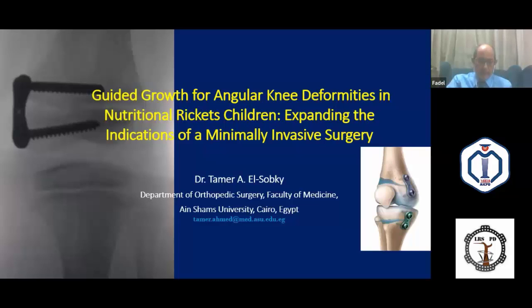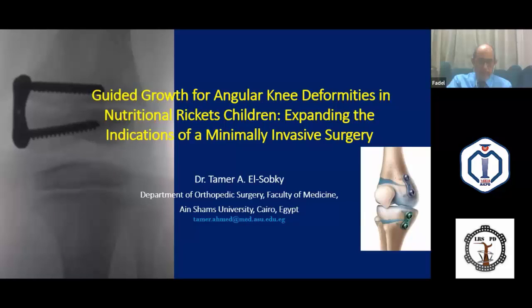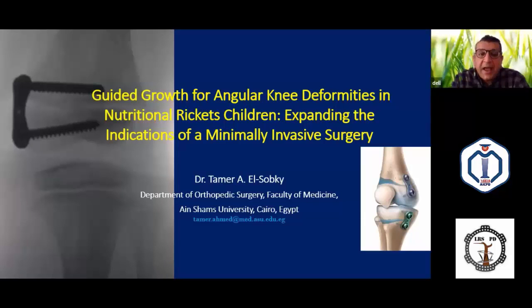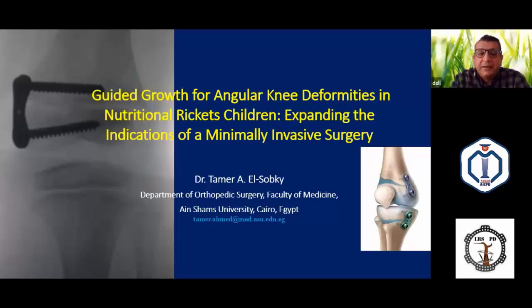During this presentation, we will learn how to assess the skeletal manifestations of nutritional rickets and how to put the indications and clinical and radiological guidelines for their management.